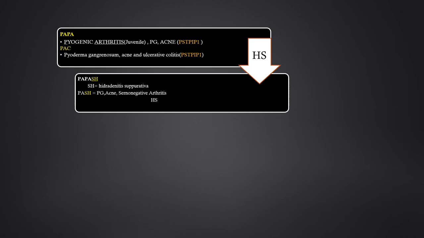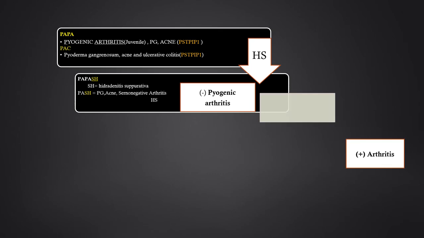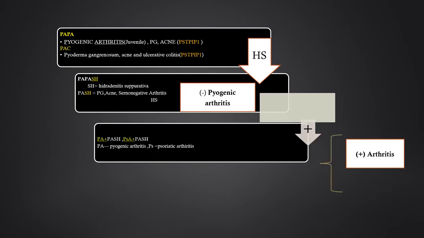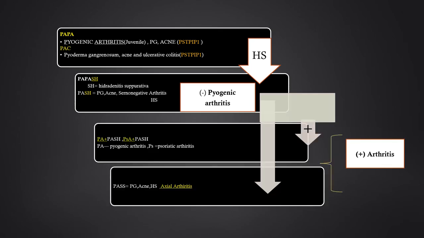Notably, these two syndromes do not have the pyogenic arthritis which is seen in PAPA. Then if you add arthritis to this whole complex, you can have two different sets: one with psoriatic arthritis, a second with pyogenic arthritis, and then of course you have the one with axial arthritis. Now essentially this is a classic splitting, and for an average clinician, of course, it's going to be difficult to remember this.